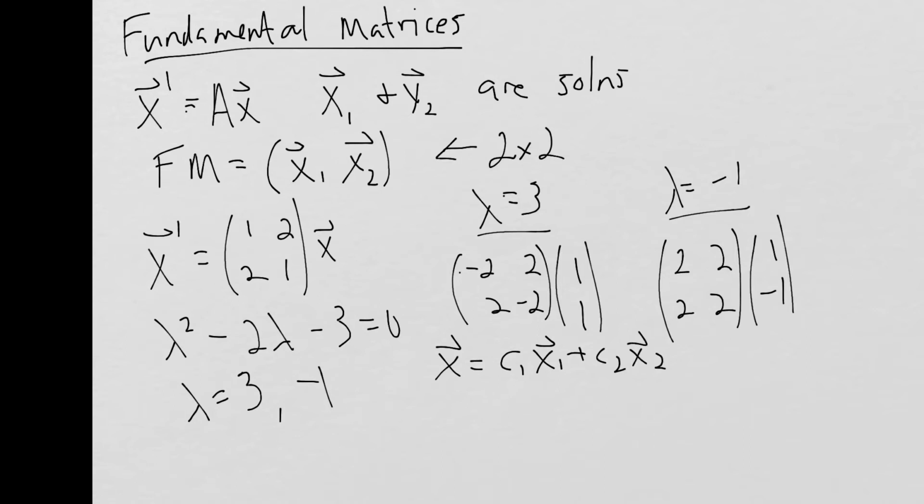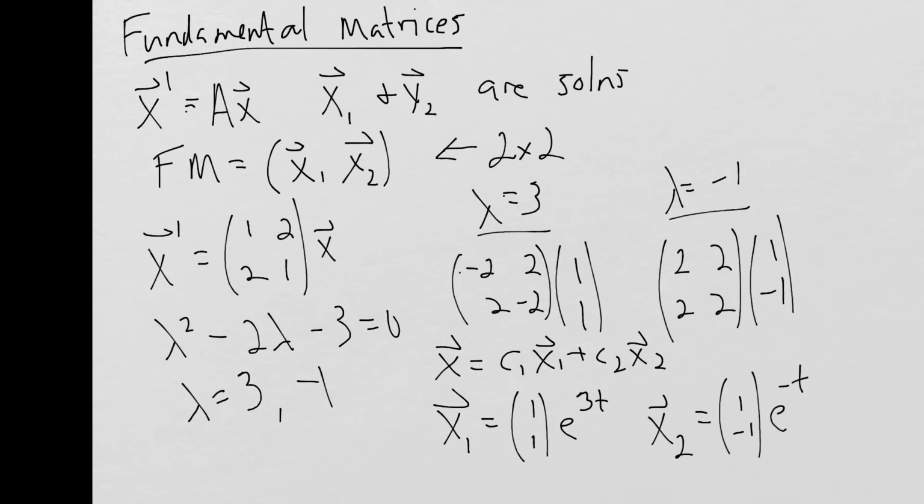Well, x1 in this case is just [1, 1] times e to the 3t. x2, and it's arbitrary which one comes first, is [1, negative 1] times e to the negative t.